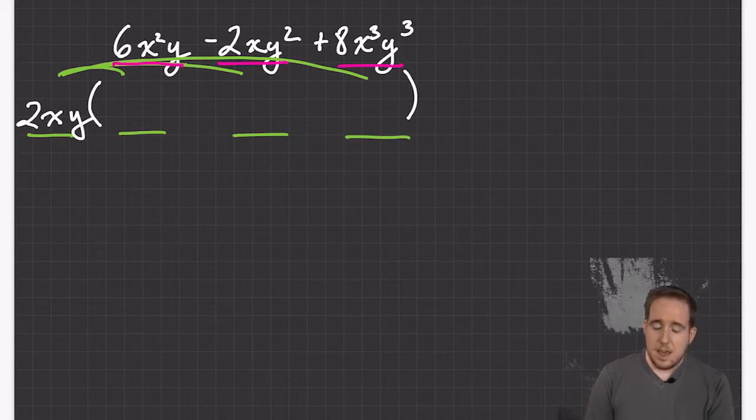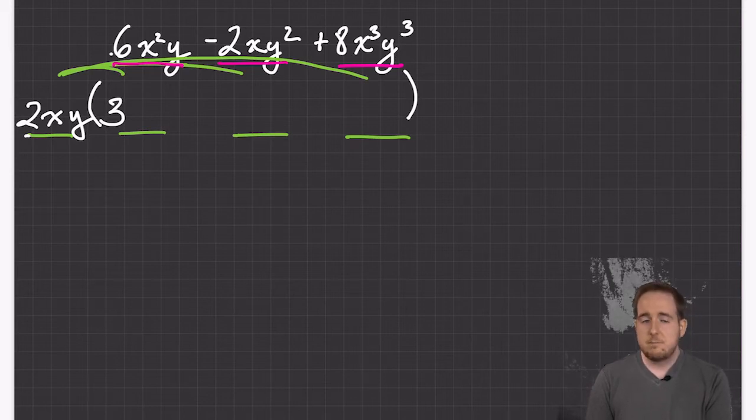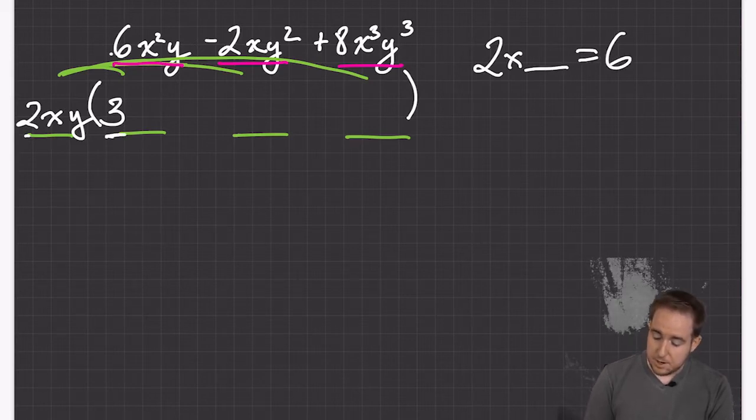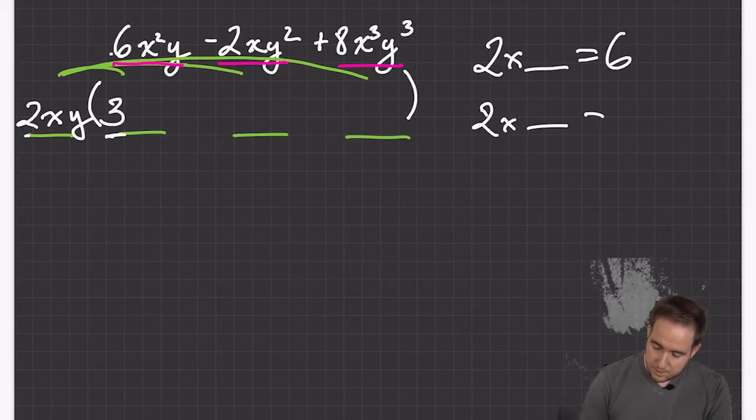You stare at them, and you can either do this in a very straightforward way. You can do this as division. So you can do 6 divided by 2 is 3. Or you can just imagine filling in the blanks on a times table. 2 times what is 6? And the answer is 3. 2 times what is 2? Well, this is 1.